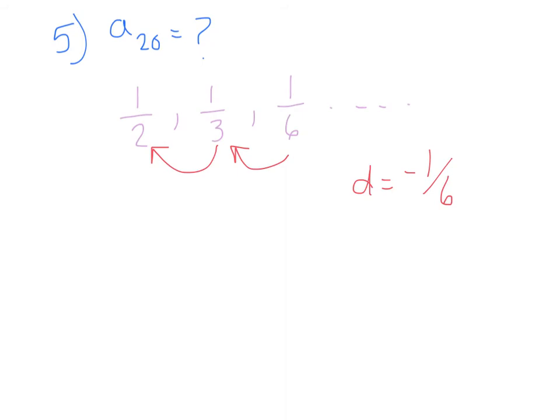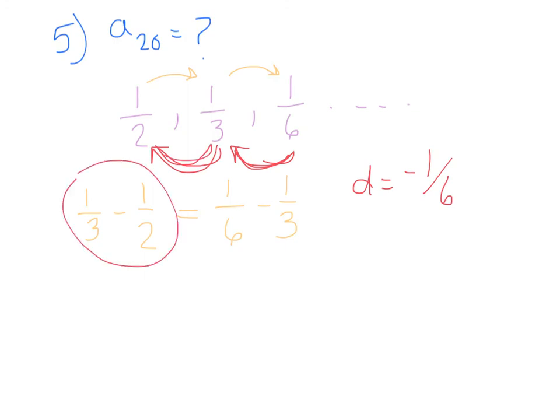So if I subtract backwards, the numbers are the same, again for the same reason, because I'm reversing the addition. They're adding or subtracting something forward. So if I subtract, I can figure it out. So if I do 1/3 minus 1/2, that's the same as doing 1/6 minus 1/3. So if I subtract any two terms backwards, I'll have it. So just going backwards, like the red arrows. So 1/3 minus 1/2. Well, get a common denominator. Multiply by 2, multiply by 3 over here.